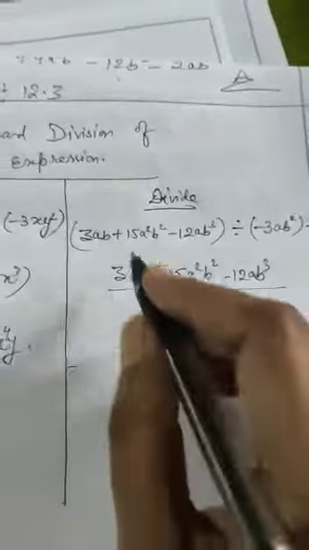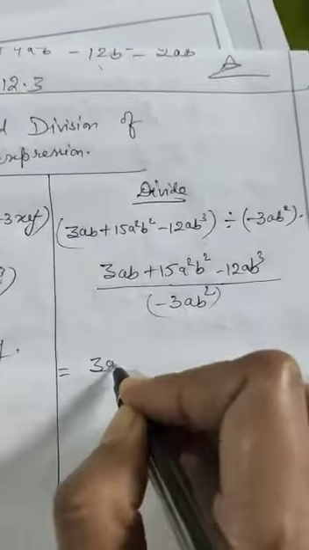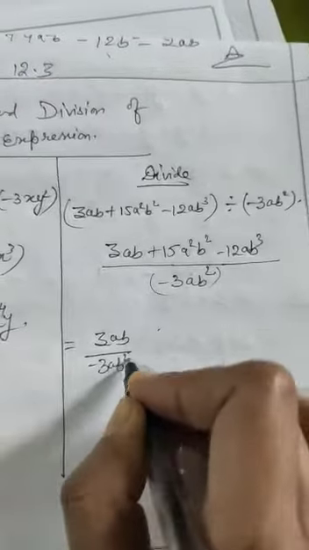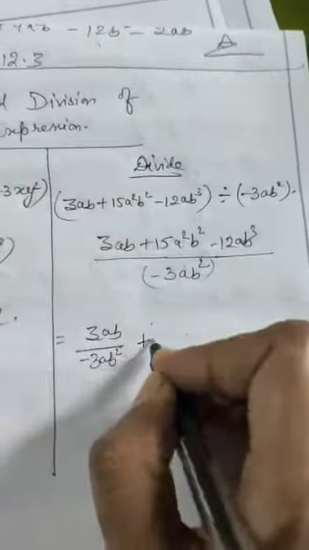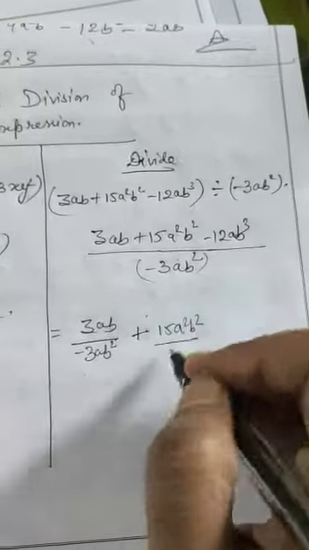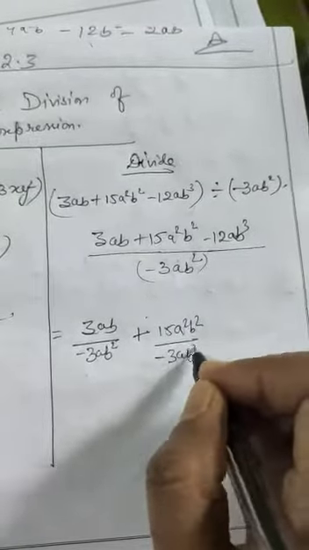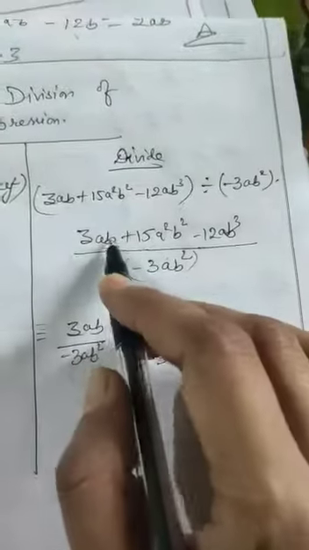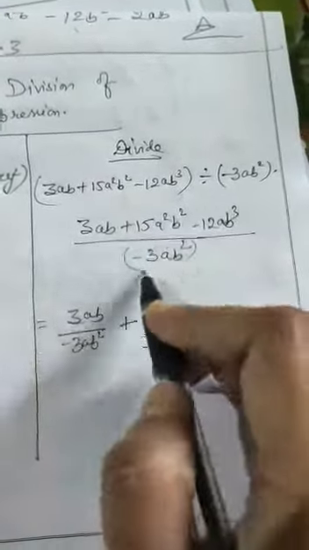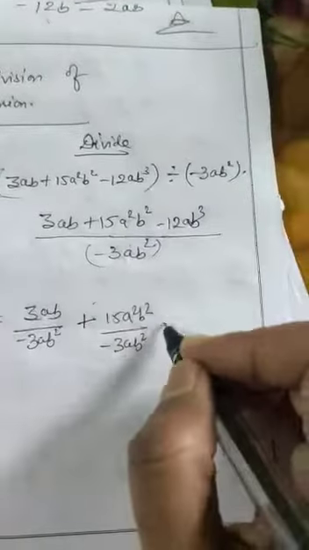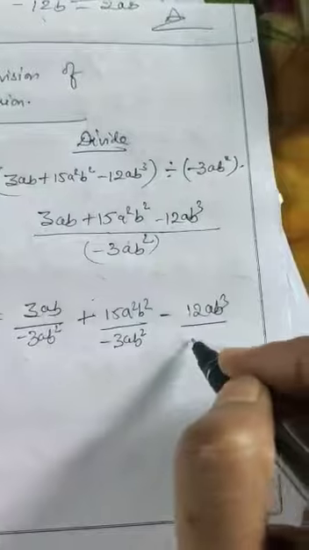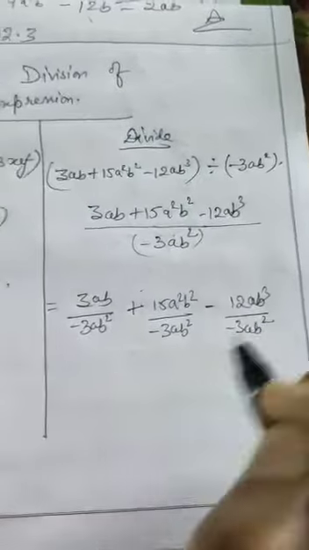So we have to write this division separately. 15a square b square divided by minus 3ab square. This will divide each and every term. So we will write separately. Minus 12ab cube divided by minus 3ab square.